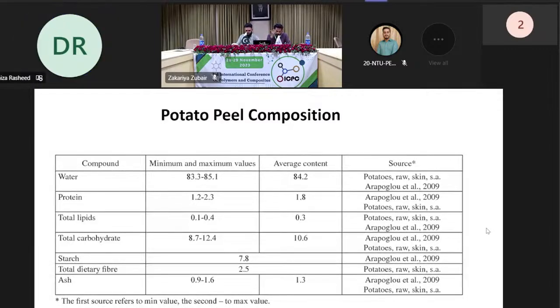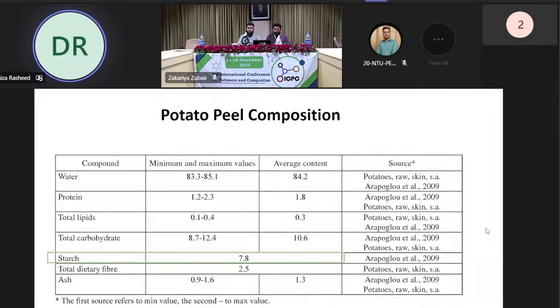So we thought about what we could use from this waste. We thought that yes, we could go for starch isolation, which is very interesting and important, and an easy process also.